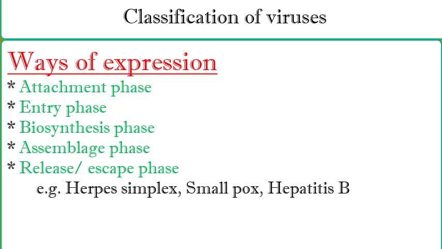The third step, the genetic material DNA can replicate itself and can control viral protein synthesis. Fourth, the new viral DNA and new viral protein assemble to form new viral particles. And lastly, the new viral particles leave the host cell. The best examples are herpes simplex, smallpox, and hepatitis B.